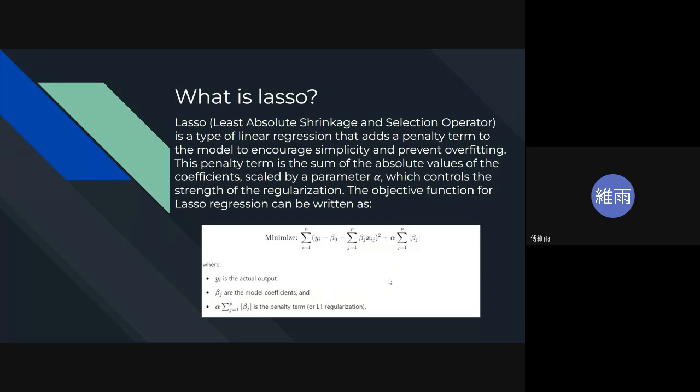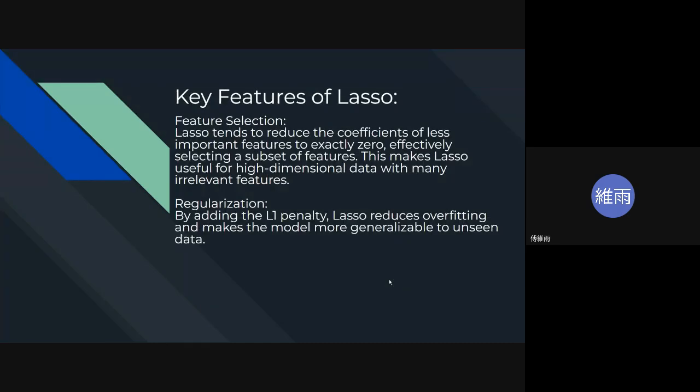And why is the lasso implemented? For feature selection, because the lasso tends to reduce the coefficients of less importance to exactly 0, selecting a subset of features.